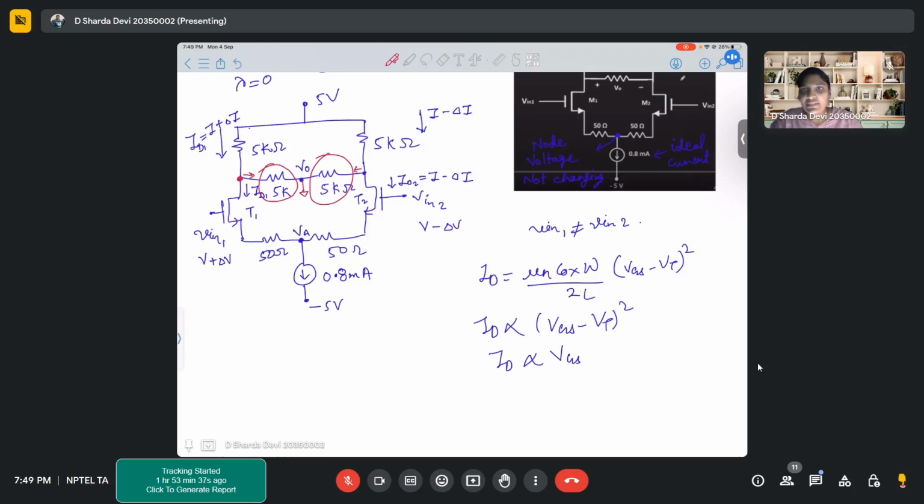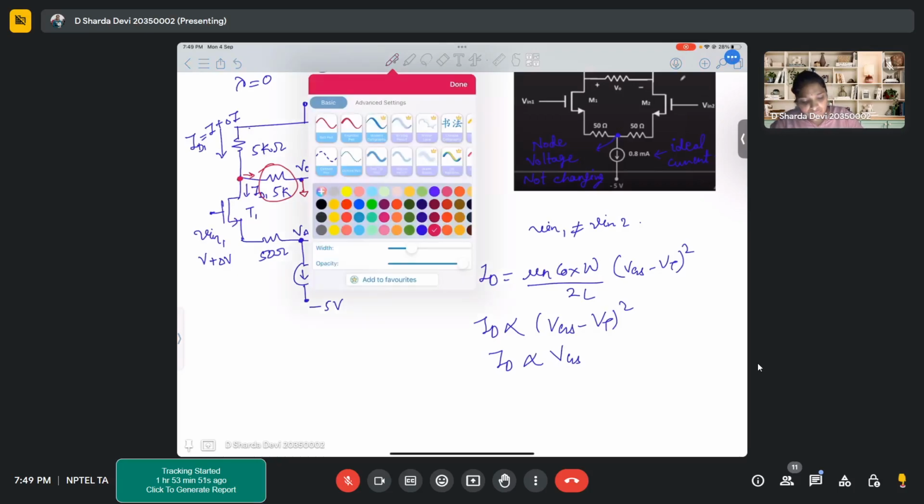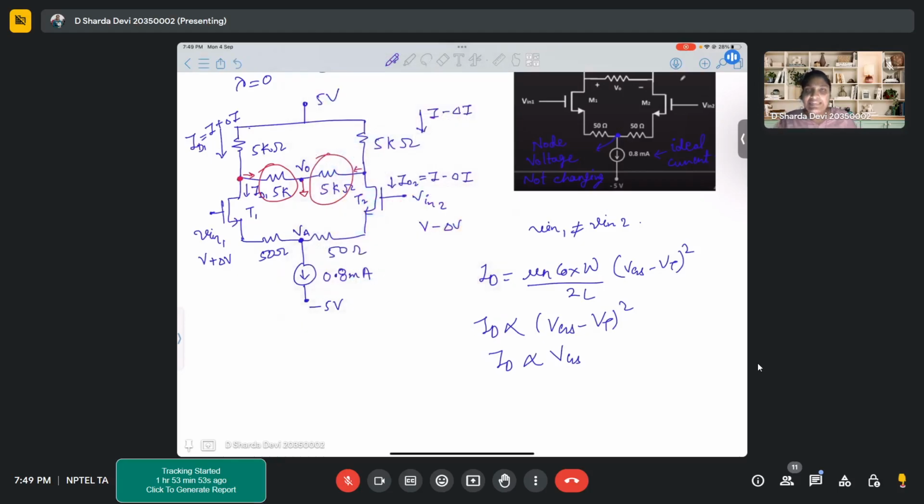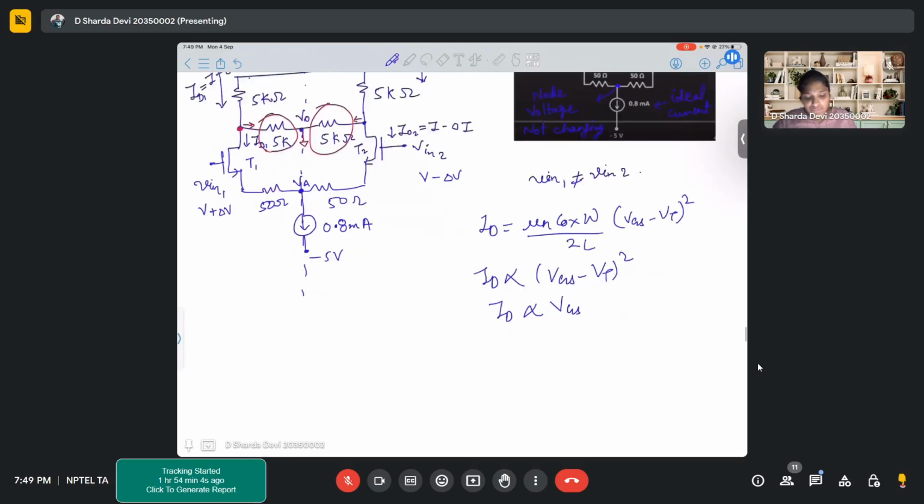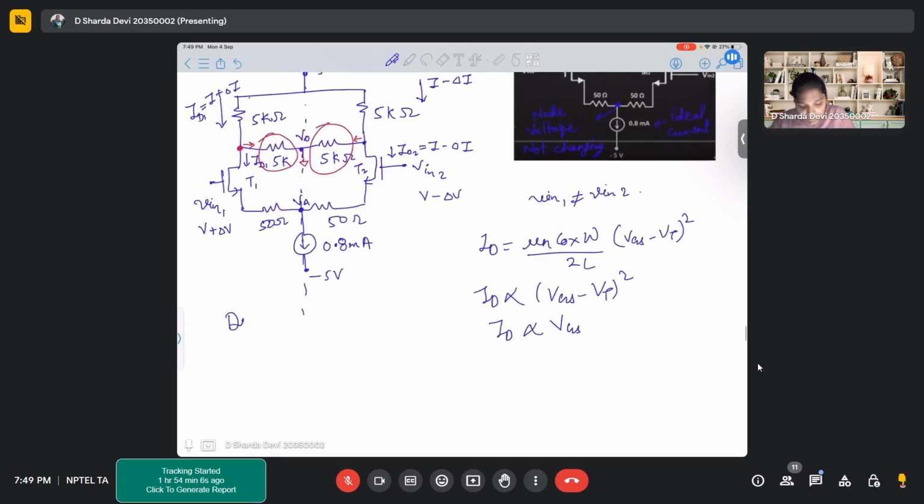So that's how this circuit can be handled without any discrepancy with series and parallel combination concepts. Clear? So now we'll try to analyze the half circuit. We'll divide this circuit into exact halves and analyze the circuits, since we want the differential gain, right?